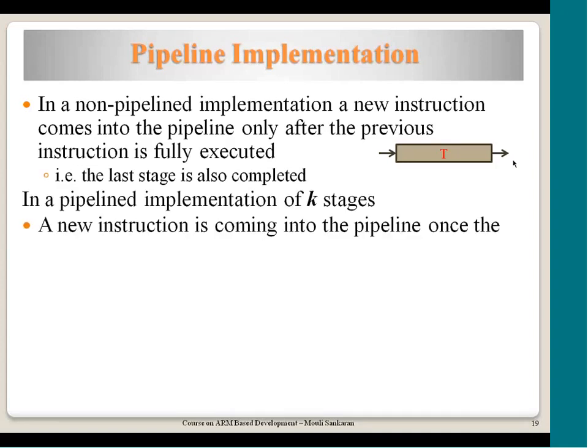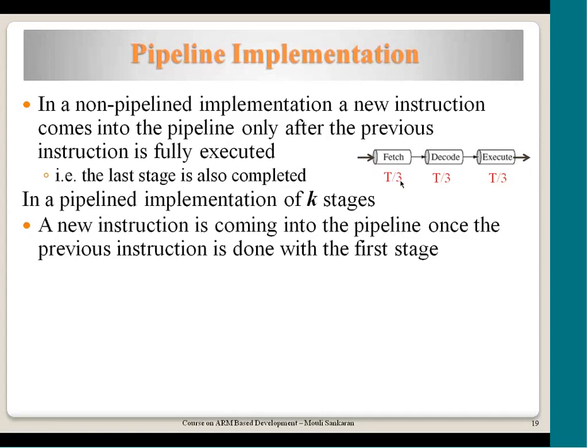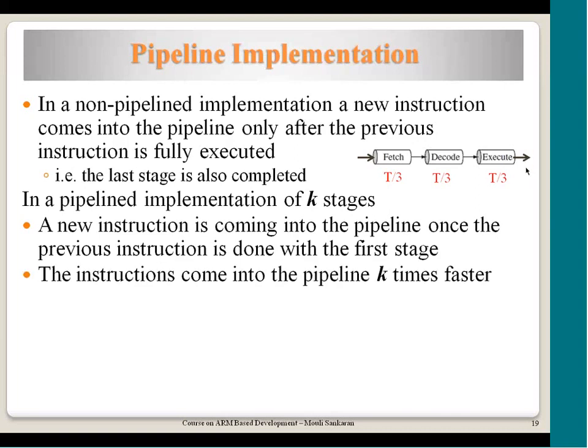But if they are divided into 3 stages, the original time will be divided by 3, and after the first 3 cycles, you will see that every T by 3 seconds one instruction comes out of the pipeline. So the effective throughput is K times faster than the non-pipeline case.